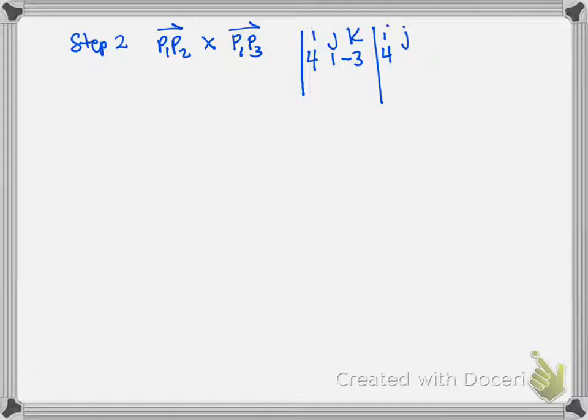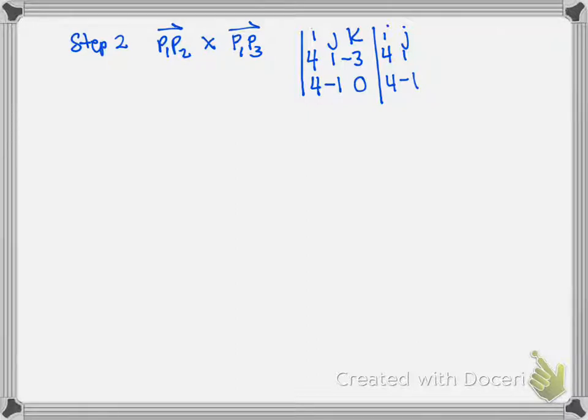So I'm going to repeat the 4 and the 1. Now, P1, P3 was 4I, so I'm going to put a 4 there, minus 1J plus 0K. So I'm going to repeat the 4 and the negative 1.